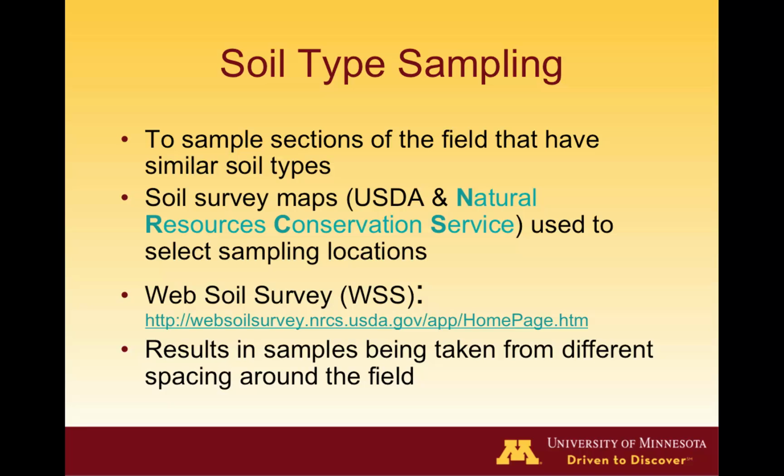Also, you can design a soil type sampling based on Web Soil Survey, WSS. You can find it from this link. And soil type sampling results in samples being taken from different spacing around the field, like what is shown in the previous picture.